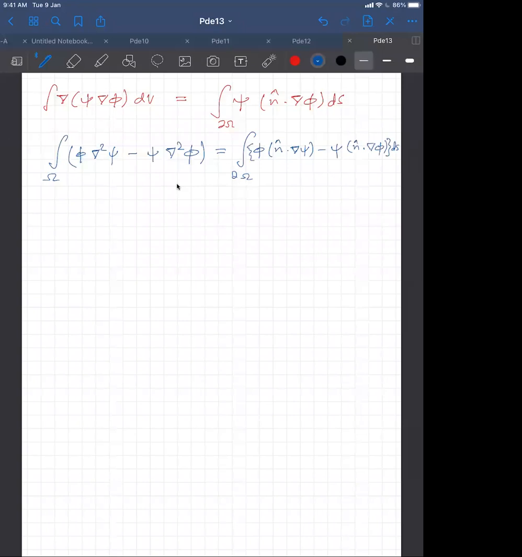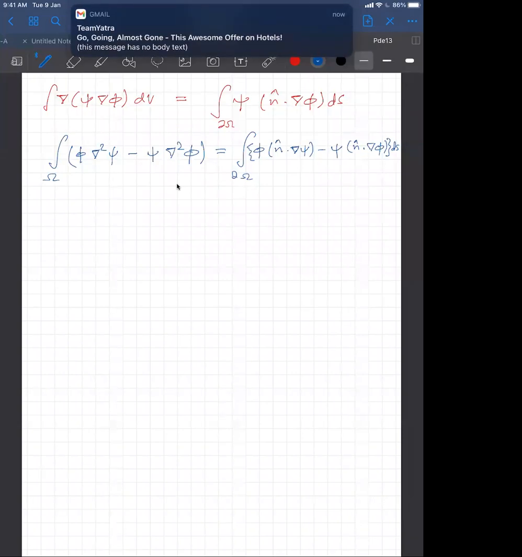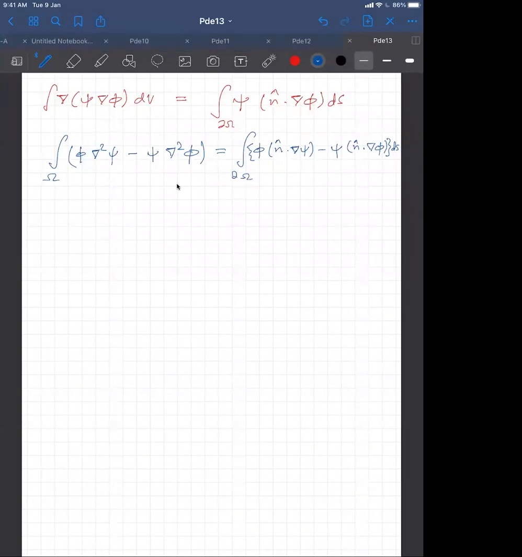In order to make use of these results, we would like to apply this to the case where psi is Gn, our fundamental solution. However, Gn is singular at x equal to y.